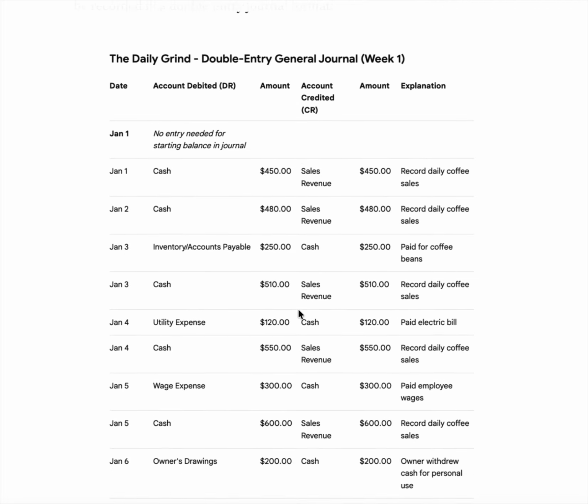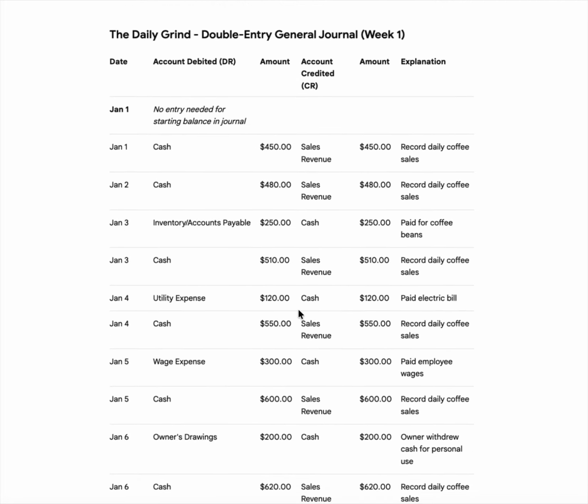This is a simple example of a double entry system used by our coffee shop. Here we have the date, then the account debited and account credited. Whenever you make a sale, you get cash of 450, then your sales revenue increases. Cash is the account debited.